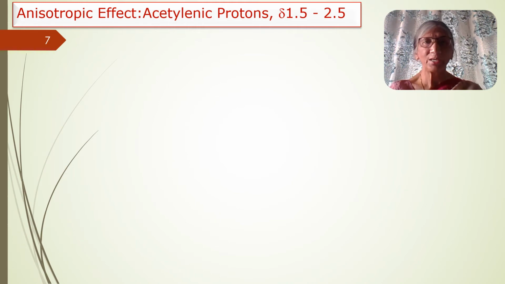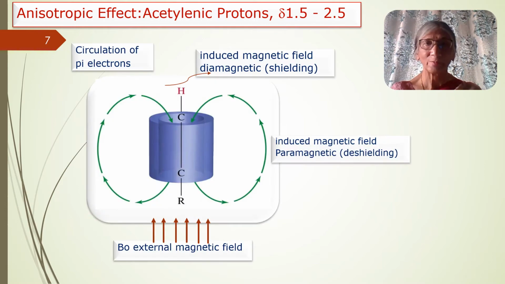With the help of the anisotropic effect, we can explain why acetylenic protons are highly shielded protons. When acetylene is placed under the influence of an external magnetic field, the molecule is automatically oriented so that the molecular axis becomes parallel to the external magnetic field.